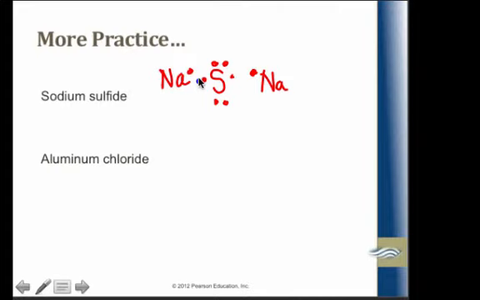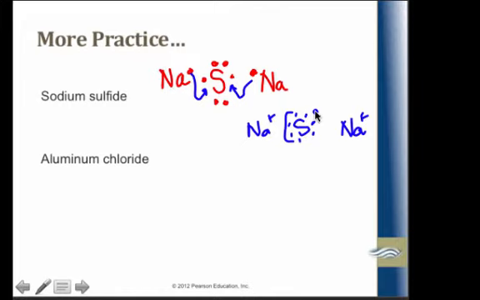And then this electron will get transferred here, leaving us with Na+, Na+, and sulfur with an octet, minus. That would be the correct way to show the Lewis structure. We use brackets when we carry charges.